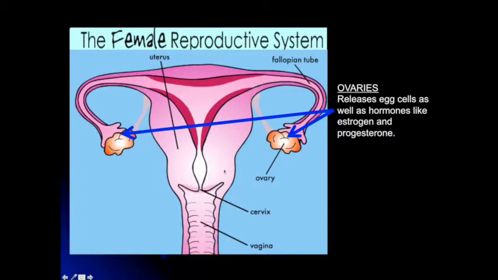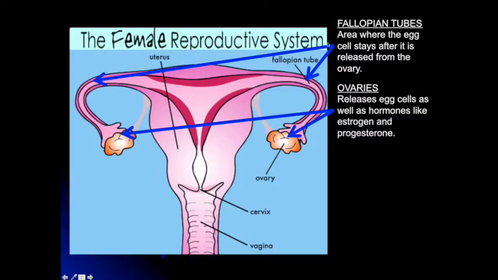So the next part we're looking at: after the egg cell is released from the ovary, it travels and stays in the fallopian tubes, which females have two of as well. So after the egg is released, it parks over here, either in the left or right fallopian tube, waiting for the sperm to come and fertilize.